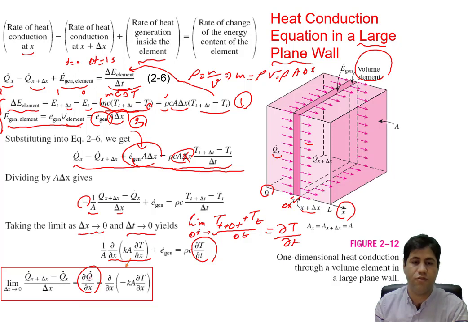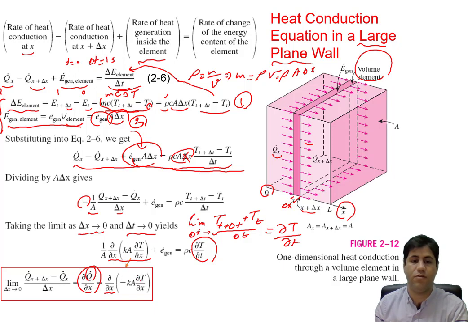We can substitute this here, but if you remember, for q dot, we have Fourier's law equation, so we write the partial of negative k, partial of T with respect to x, totally with respect to x again. So 1 by A, partial of this term with respect to x.